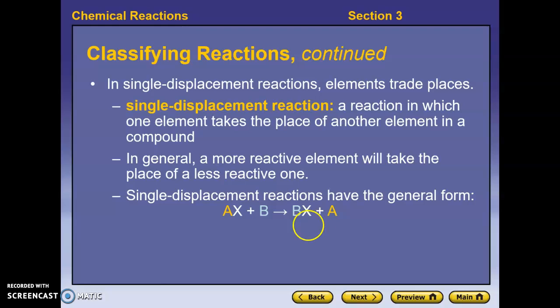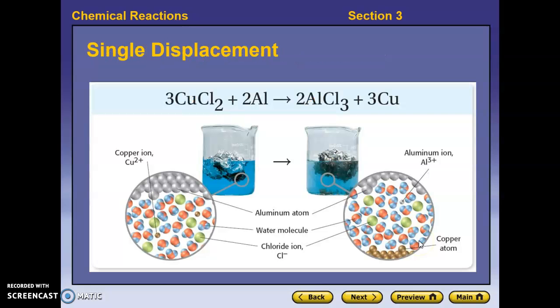And it only happens when this element that's on its own is more reactive than the element that it is trying to replace. So if we look at this, we can see copper chloride is reacting with aluminum, and aluminum must be more reactive than the copper because aluminum ends up in a solution or in a compound with chlorine, and the copper gets kicked out.